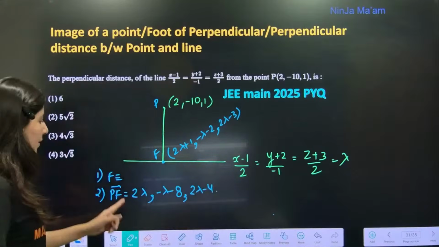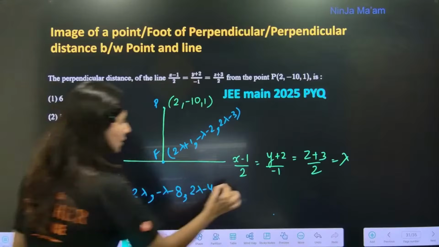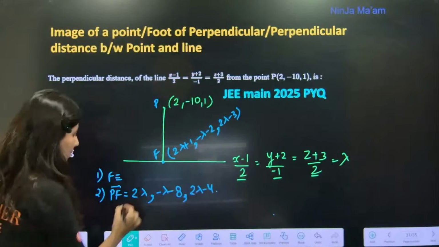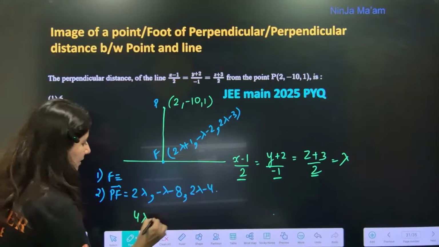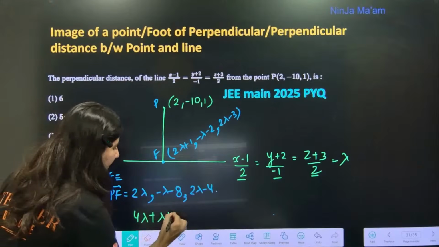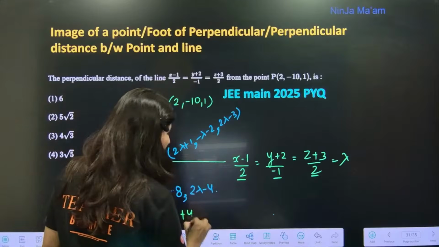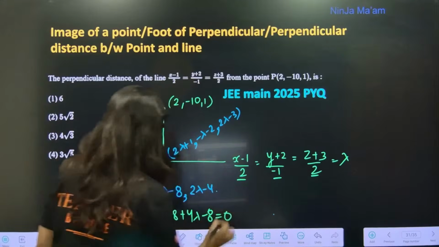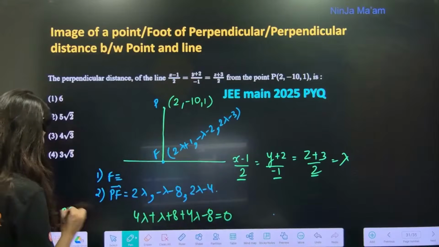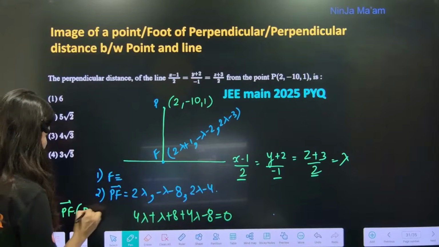The moment you multiply it with (2, minus 1, 2), this is 4 lambda and this is plus lambda plus 8. See, PF vector dot this, and then 2 twos are 4 lambda minus 8 gives you 0. What we are doing is PF dot the direction ratios of the line.